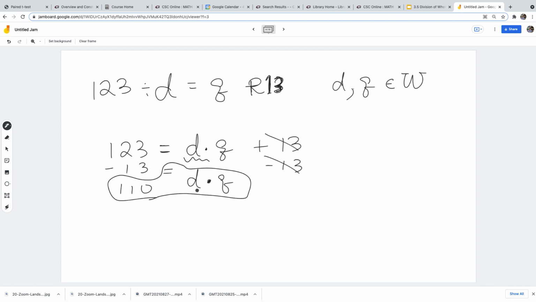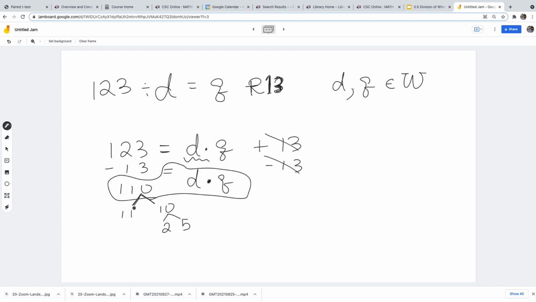When you multiply two whole numbers to get 110, you can think about the factors of 110. So we are going back to multiplication now. Let me think about prime factorization. We know 110 is 11 times 10. I just want to go with an easier number. And 11 is a prime number, 10 is not, so I will continue with the prime factorization.